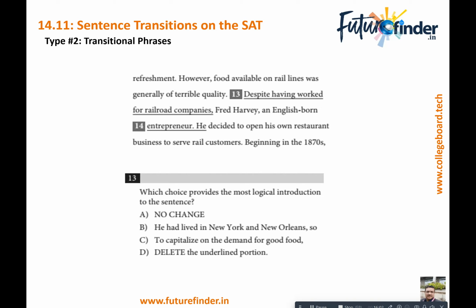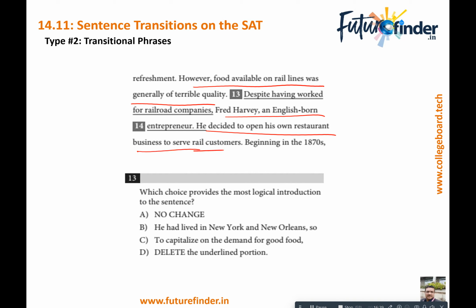However, food available on rail lines was generally of terrible quality. Despite having worked for railroad companies, Fred Harvey, an English-born entrepreneur, decided to open his own restaurant. So the food was of terrible quality, and Fred Harvey decided to open his own restaurant business to serve rail customers.